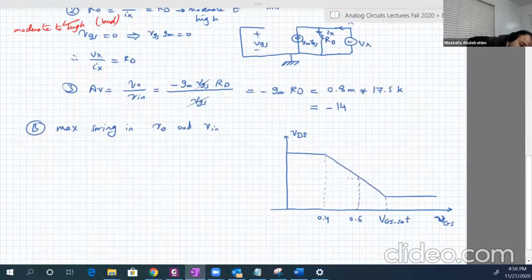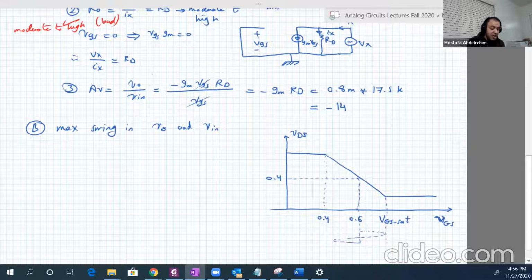So at this point, we have 0.4. So basically, we can put signals until we reach either VGS SAT or 0.4. We don't know. If VGS SAT, for example, is 2, then we can go forward by 2 minus 0.6, which is 1.4.